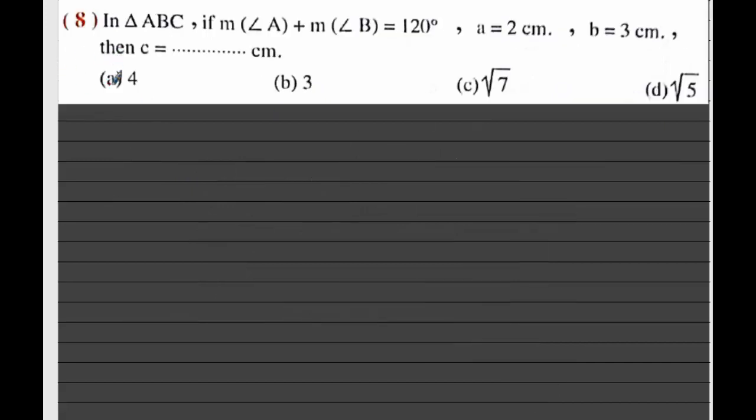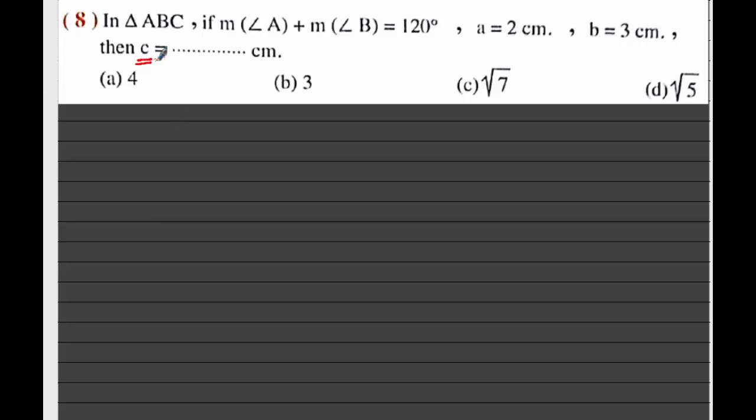In triangle ABC, we have measure of angle A plus measure of angle B equals 120, and A equals 2 centimeters, B equals 3 centimeters. The required here is to find C. C, of course, here expresses the length of the side AB.